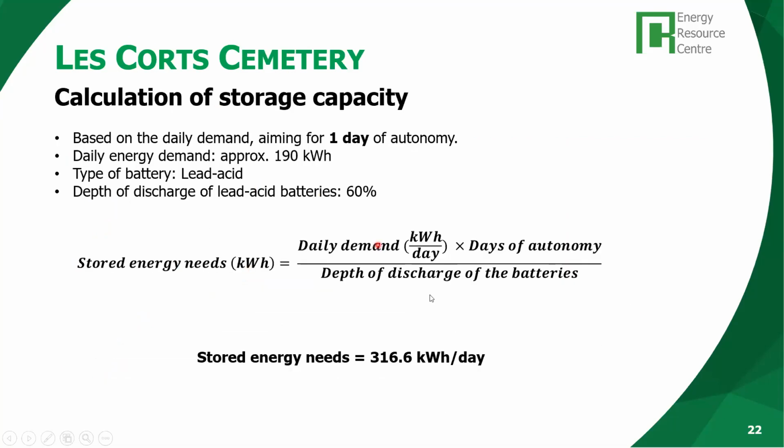The design of the batteries, of course, you know how to size your batteries, taking into account depth of discharge, type of batteries, days of autonomy. We've been talking about this already in this course.